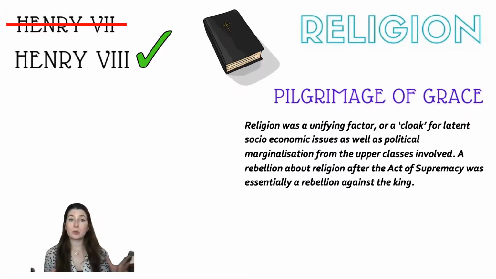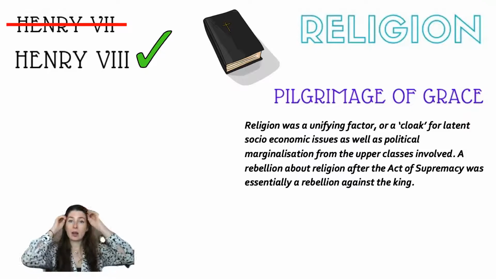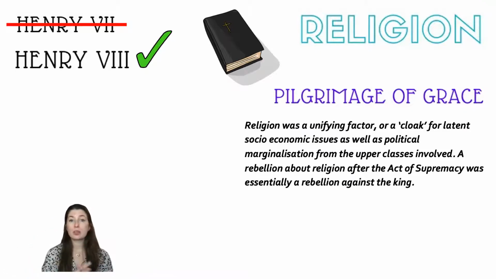I have summarized my conclusion for this rebellion as saying that religion was a unifying factor or a cloak for latent socioeconomic issues, as well as political marginalization from the upper classes involved. A rebellion about religion after the Act of Supremacy was essentially a rebellion against the king.